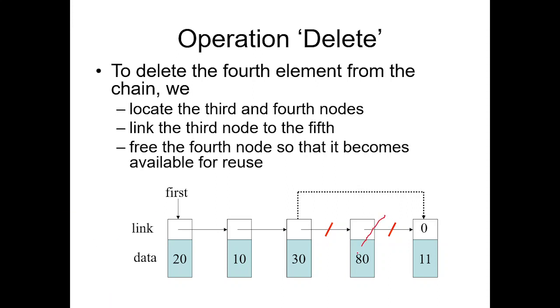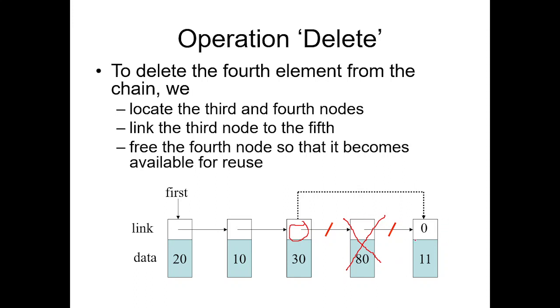After we get rid of this node, this node should point to that node. So we should establish this connection, the one that is shown in the form of a dotted arrow. How are we going to establish it? This link or this variable should point to this node instead of this node.